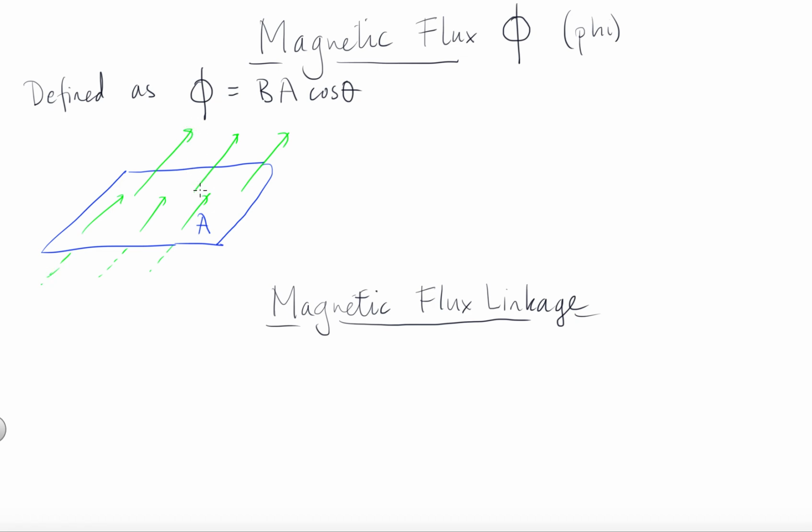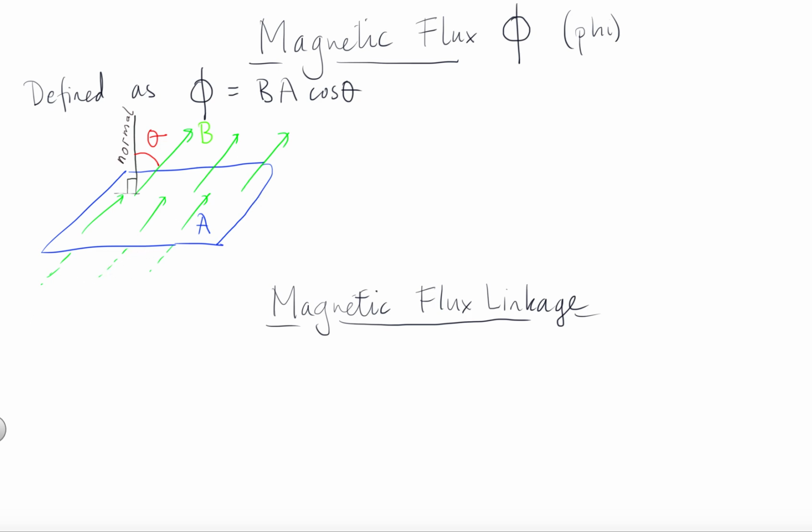Now you see it's not going perpendicular to the plane, so I have to draw a normal to this plane, which is at 90 degrees, and you see there's an angle here. The angle theta is the angle between the normal, let's label this as the normal, and this green here is the magnetic field.